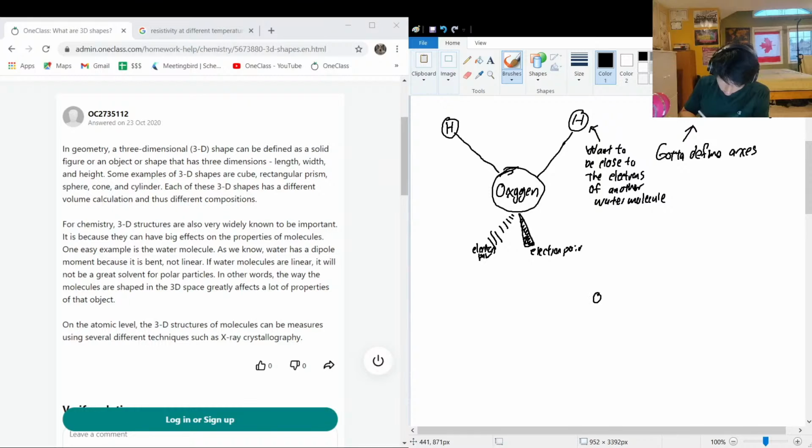So we have O, H, H, and then we have an O here, and then that H goes there, H goes there, H, O, H. And you can kind of see how that pattern would proceed.